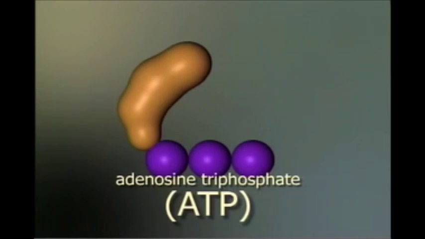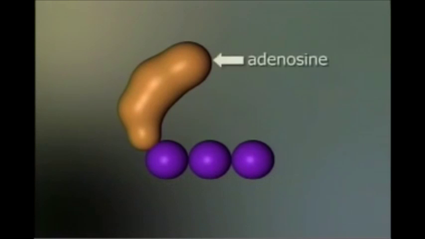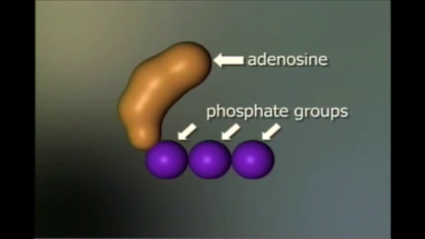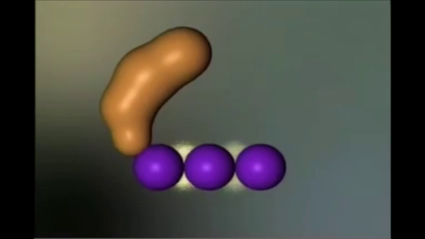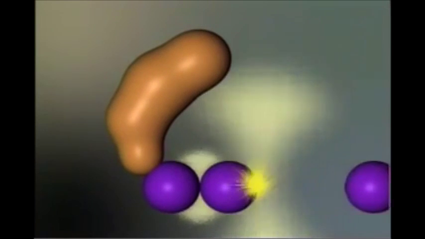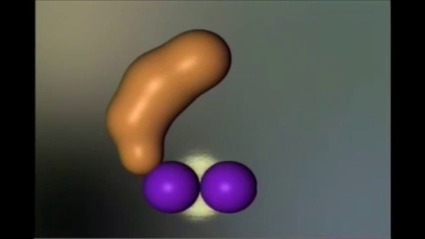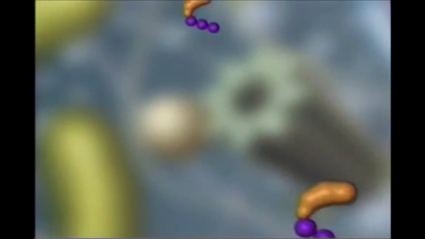ATP has this arrangement: a molecular unit of adenosine coupled to a chain of 3 phosphate groups, thus the name, adenosine triphosphate. The phosphate groups are held to each other by very high energy chemical bonds. But under certain conditions, the end phosphate can break away and the energy released is used for energy-hungry reactions that keep a cell alive.